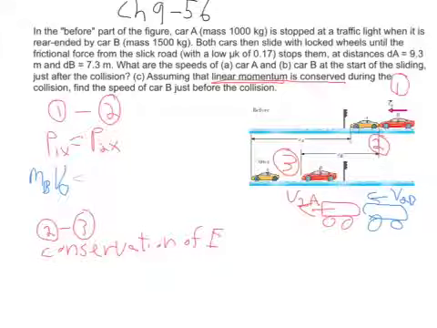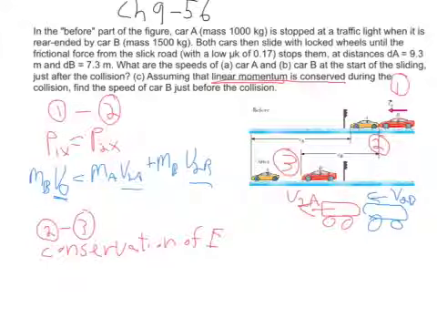That's equal to our momentum right after the collision, which is mass A times V2A plus mass B times V2B. That's our conservation of momentum equation. To find our initial velocity, which we're asked in part C, we first need to know V2A and V2B.